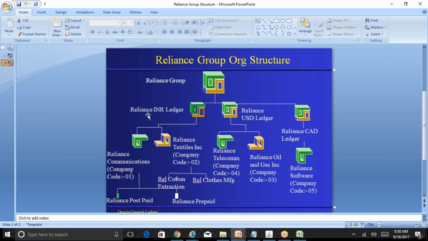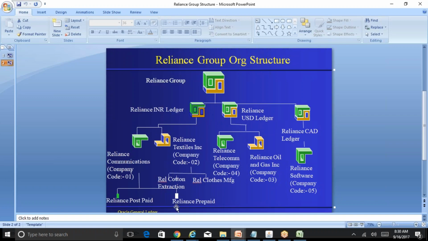Now, ideally speaking, in this example, 0, 1, 2, 3, 4 are assigned under INR ledger only, right? So they are 4 legal entities, or like 4 company codes. So when we are saying a transaction between 01 and 02 is an intercompany, why are we saying that 3 and 4 are intra-company?